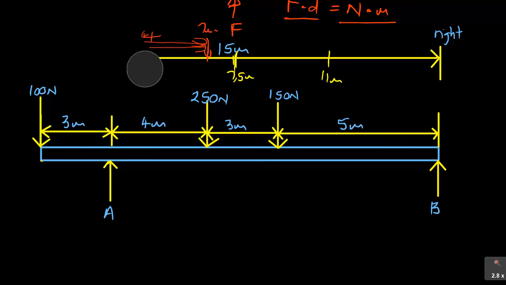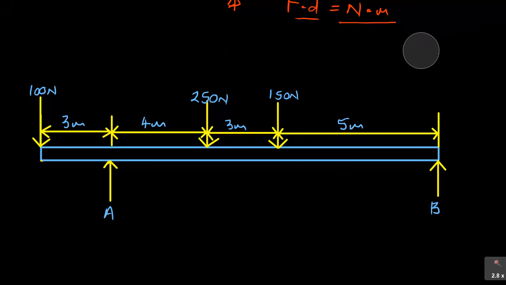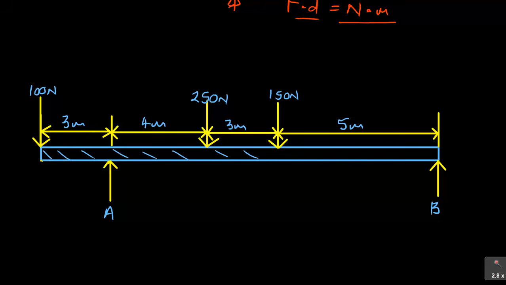Remember, as I said, this was just a way of dividing your beam into a very neat sketch, and even on the beam you can show that this was your beam, just to make it neat.